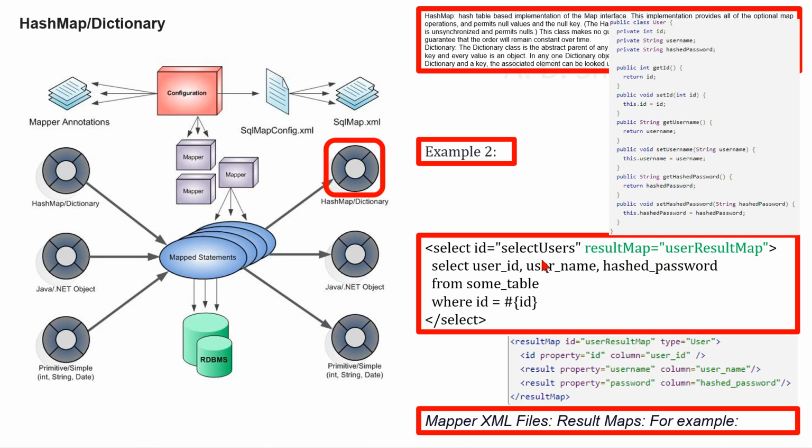And here, a statement that references it uses the result map attribute to do so. Notice we removed the result type attribute, for example here.